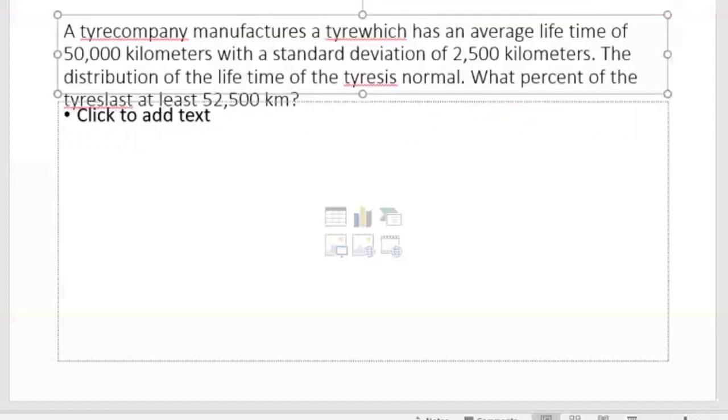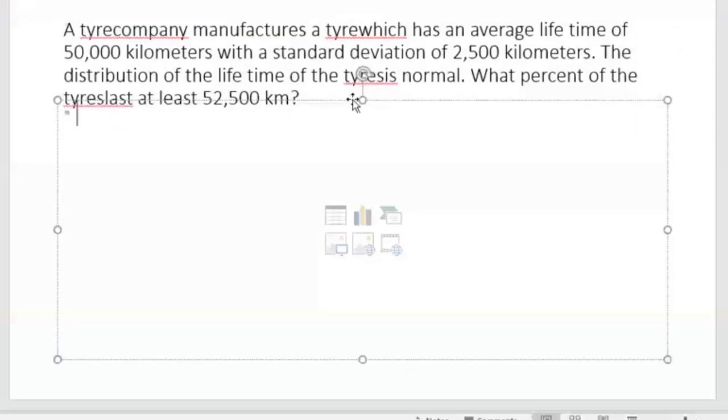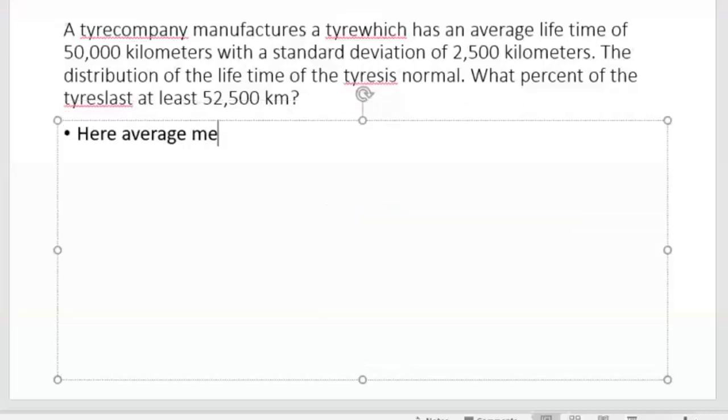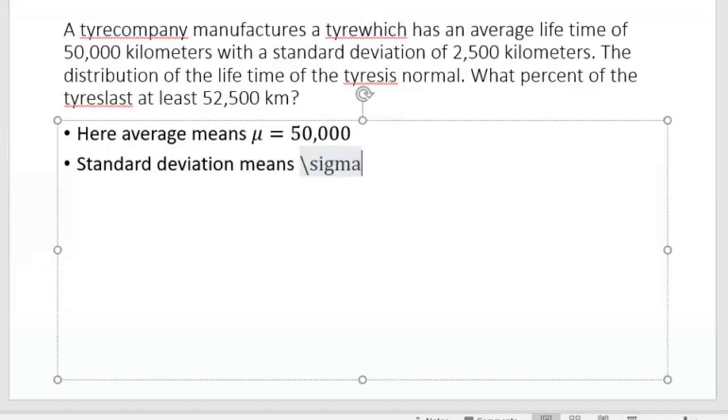So here, average means x bar or mu. Mu is the average. Mu equal to 50,000 kilometers. And it is given standard deviation, standard deviation equal to 2500.